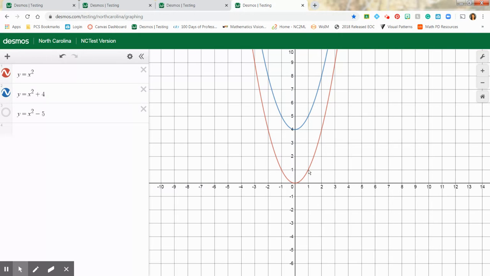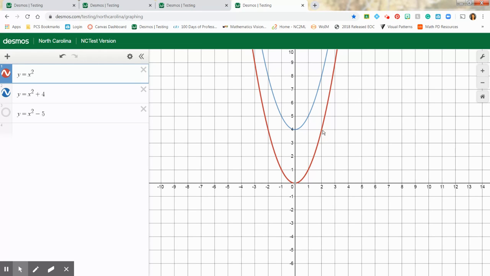So here, this point was 1, 1. I'm not going to be able to get right on it, but we can pretend. So this point right here is 1, 1. And now when I shift it up 4 units, I'm going from 1, 1, up 1, 2, 3, 4, to 1, 5.